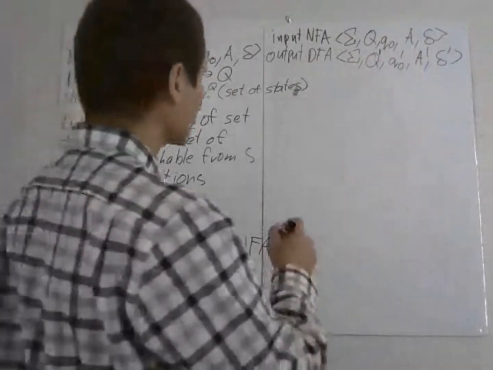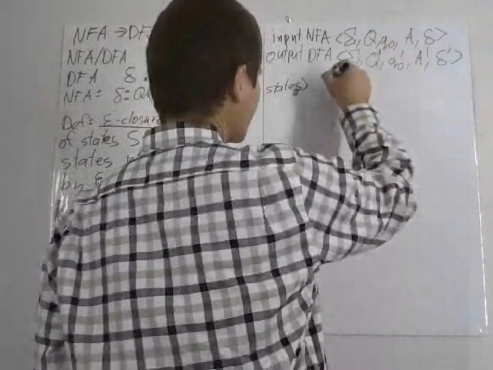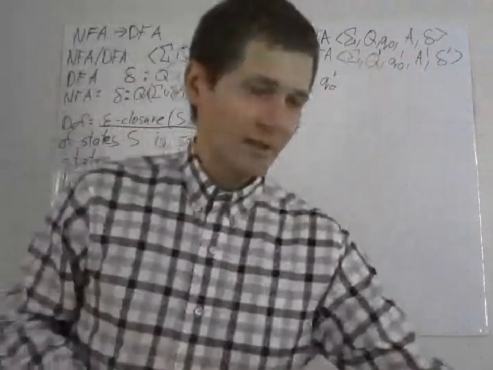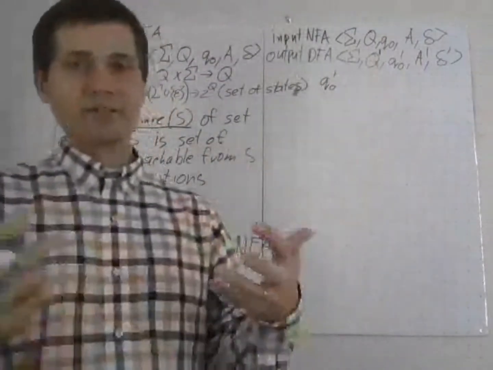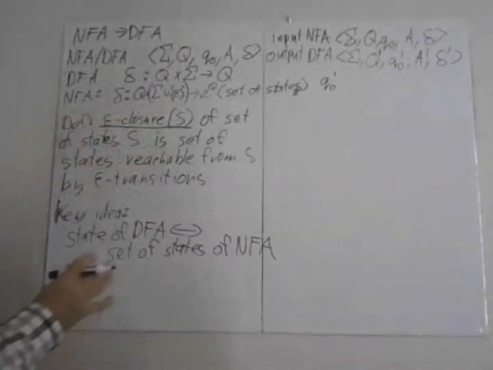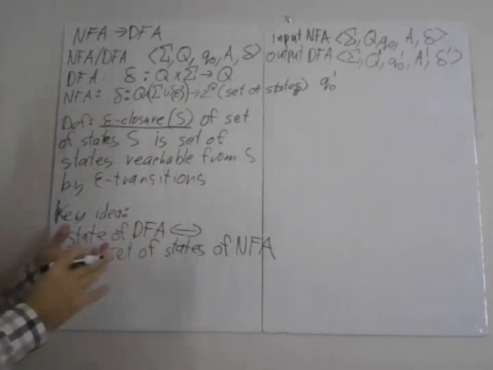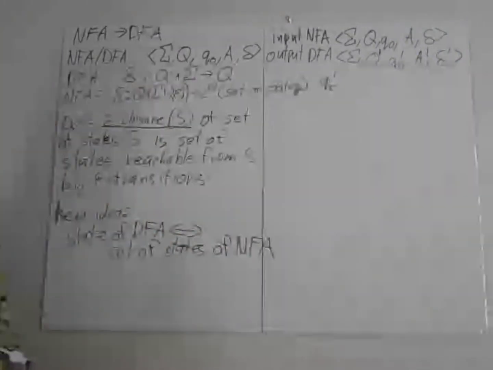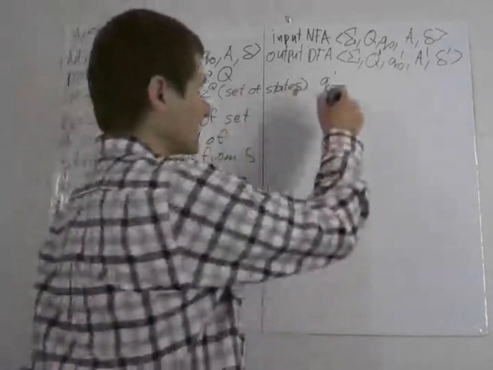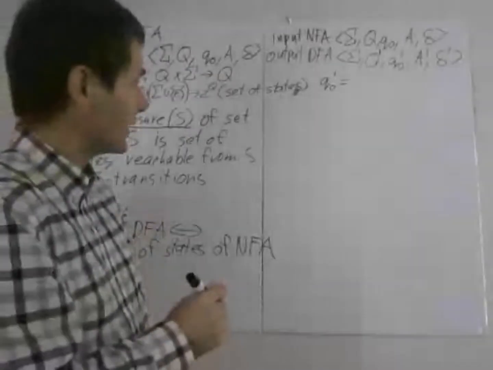All right, so I will start with, say, the easy ones. So what should be Q0 prime, right? So what should be the start state of my output DFA? And, remembering the key idea that a state of the DFA corresponds to a set of states of the NFA, for my start state, I should make it a set of states of the NFA.